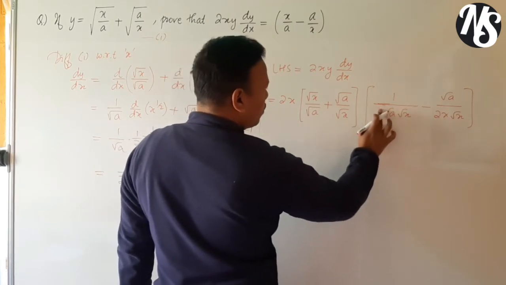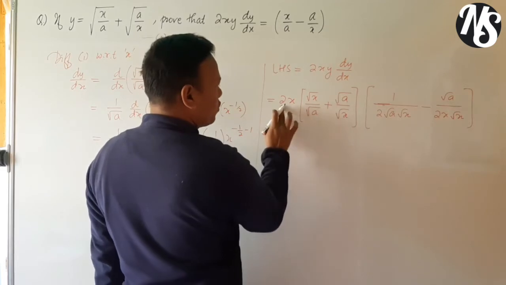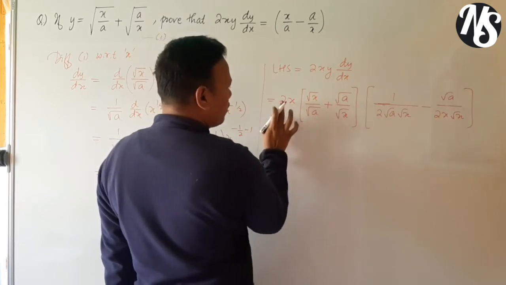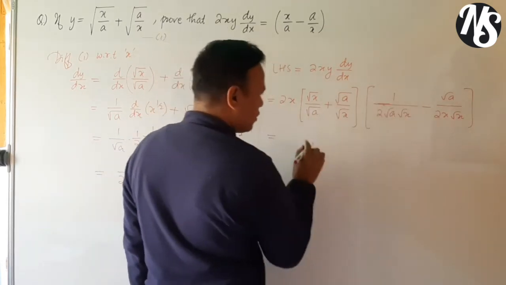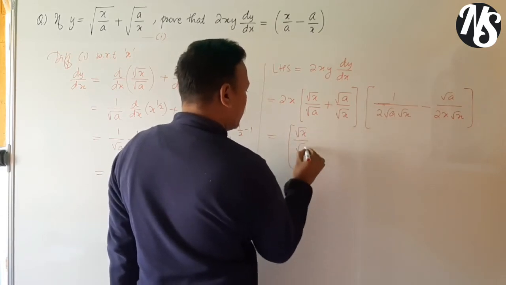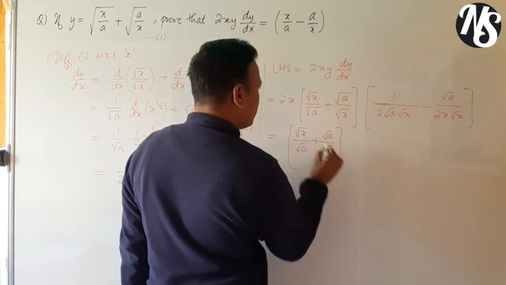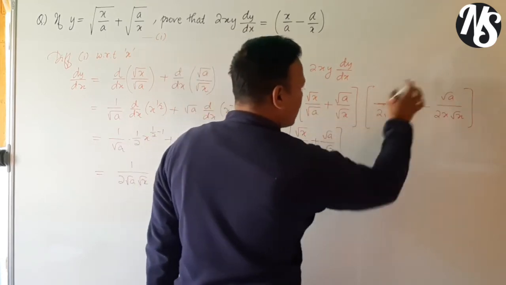Let me do it in the next step. So let me multiply with this 2x here. Let me keep it here this much only. So root x by root a plus root a by root x will be kept as it is. 2x will multiply with this.